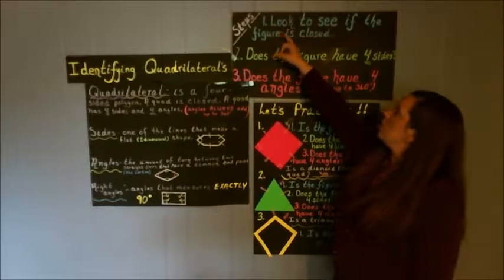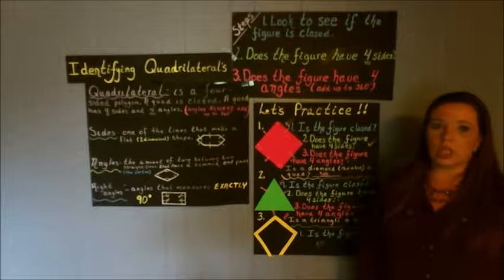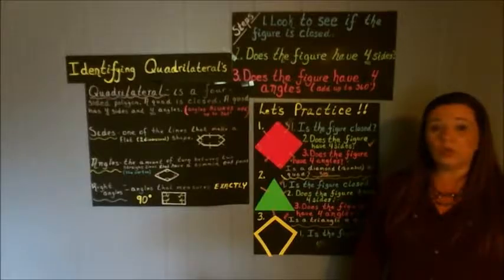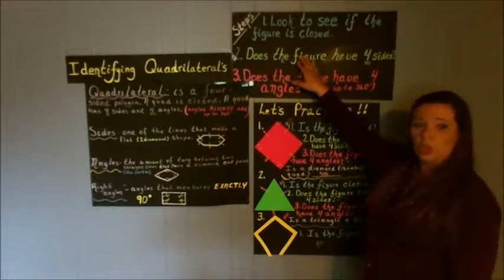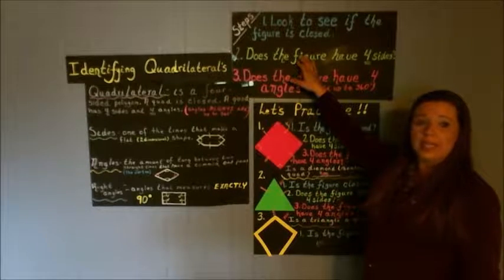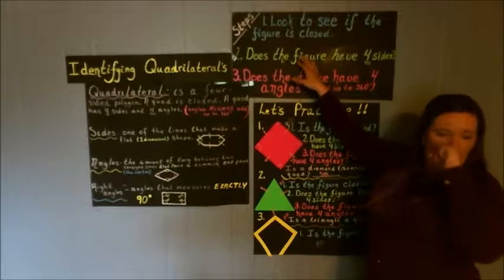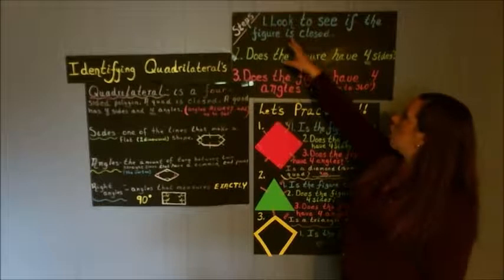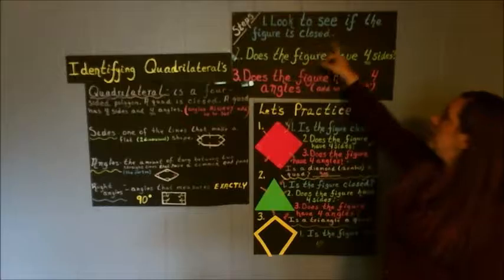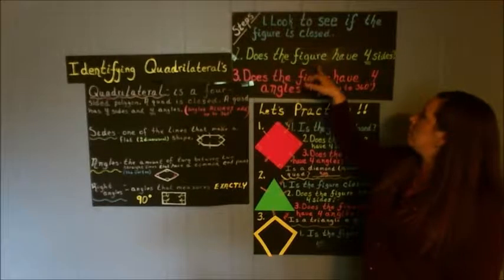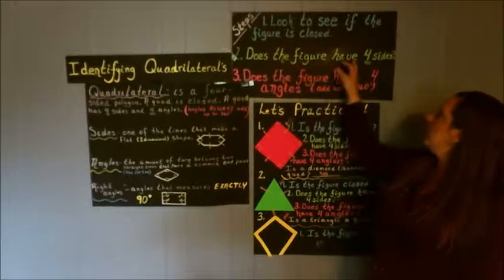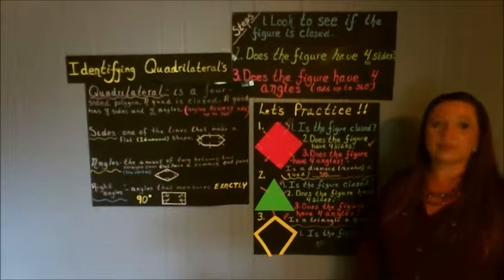The steps that you use. First, look to see if the figure is closed. If it's closed, you move to step 2. If it's not closed, then it is, that's right, not a quadrilateral. If it is closed, then you go to step number 2, which is, does the figure have 4 sides?